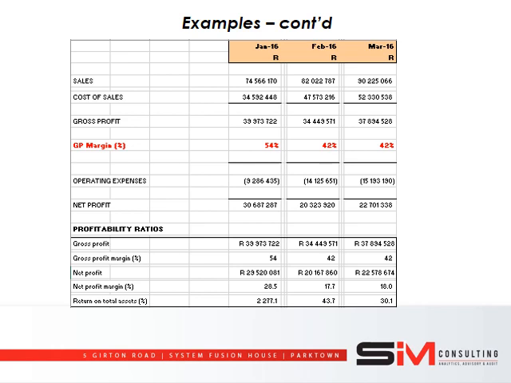So if you take sales of 74 million, 566,170 rands, you minus 34,592,448 rands. You can see you come up with gross profit of 39,973,722 rands.